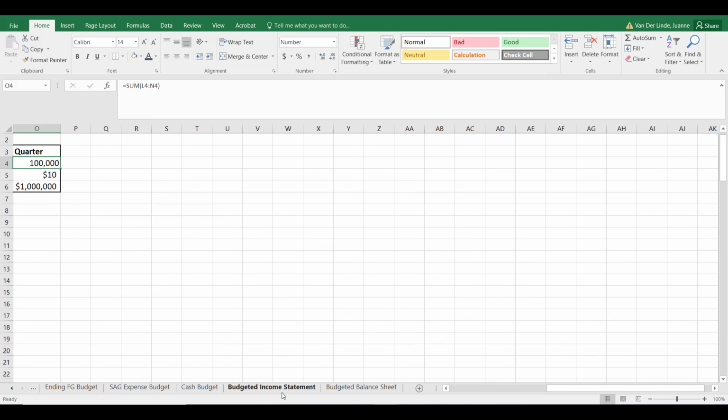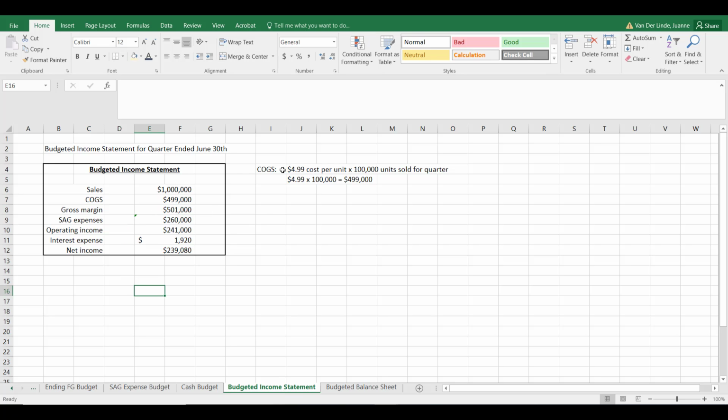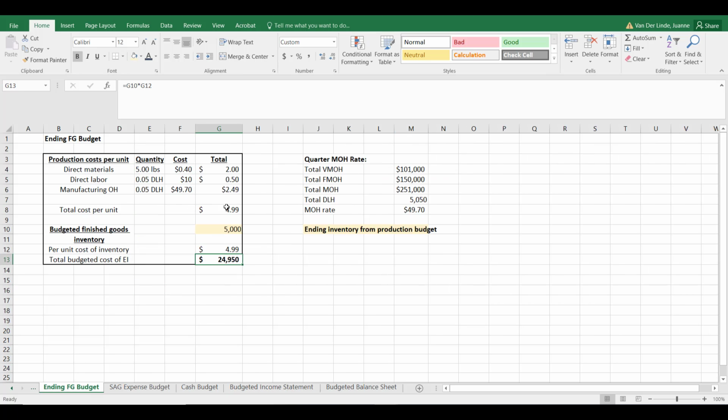So to find the cost of goods sold, I need to know how many units am I budgeting to sell and what's the budgeted cost per unit of product. Well, under the ending finished goods budget, we had determined what the estimated cost is per unit.